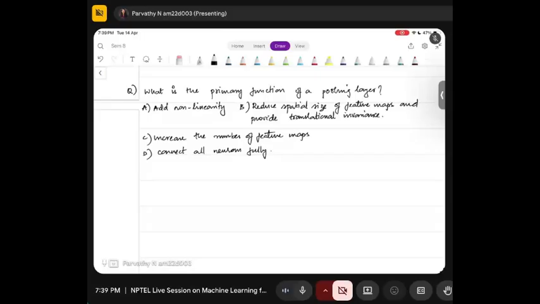Yes, it will reduce the spatial size of the feature map and provide translation invariance. So it does this downsampling operation, and whenever there is a small shift in the input, because of pooling, we get the same pool output.